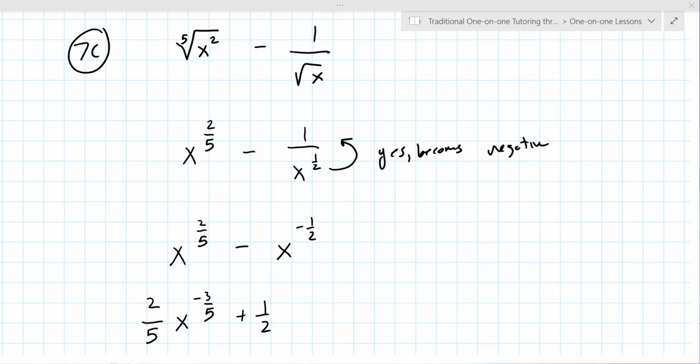Doesn't the 1/2 need to be to the -3/2? Yes. I got distracted there. And then you just leave it like that. Yes. Okay. Cool.